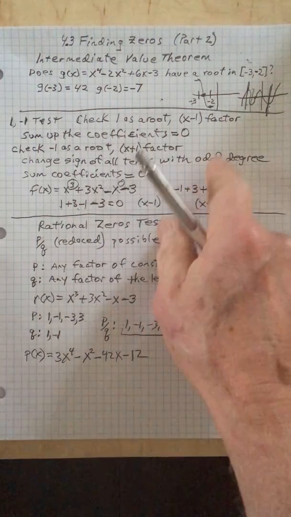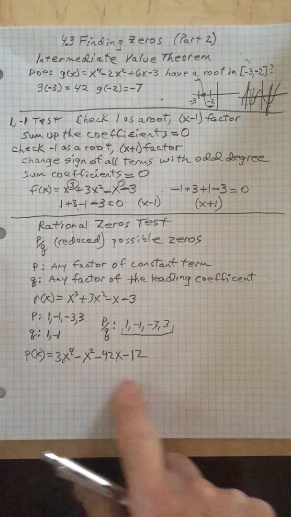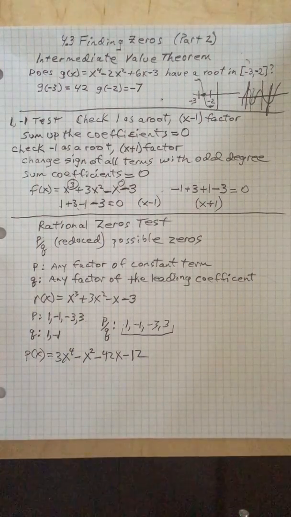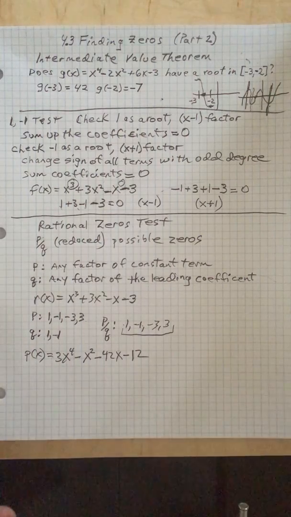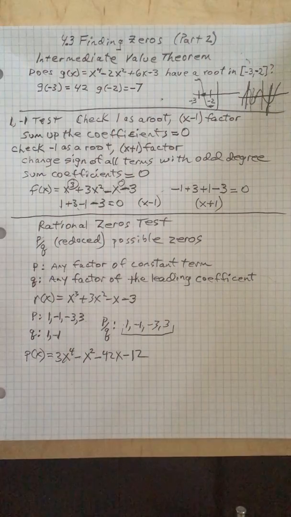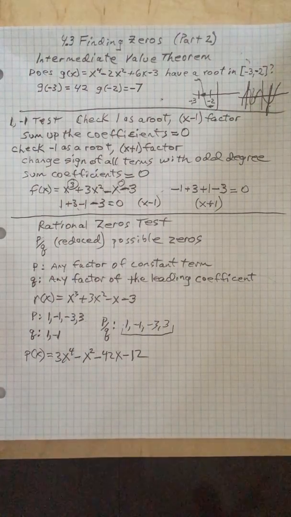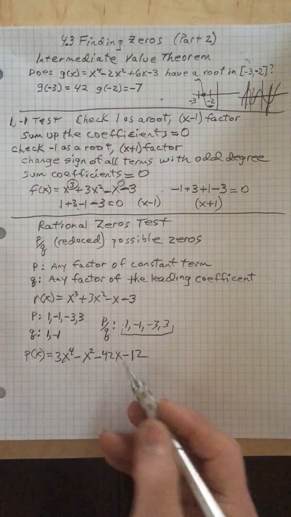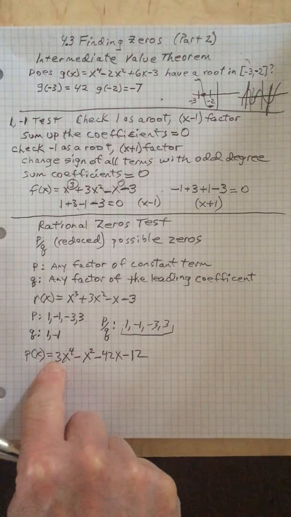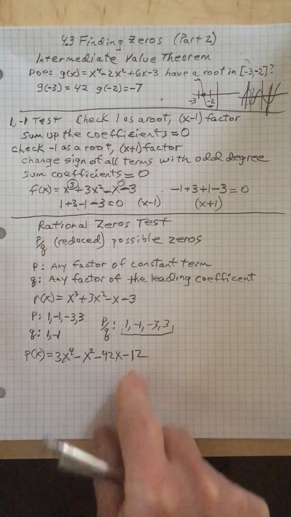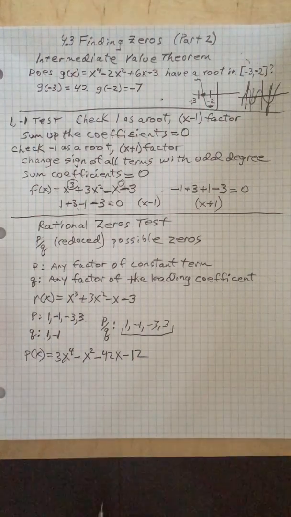Again, we could do the 1 and -1 test up here and see if those two are roots, but we might want to look for others, and this would give us possible factors. And one other thing to notice here, it doesn't really matter what's in the middle. You're only looking at the leading coefficient and the constant. So the rest of it's irrelevant.